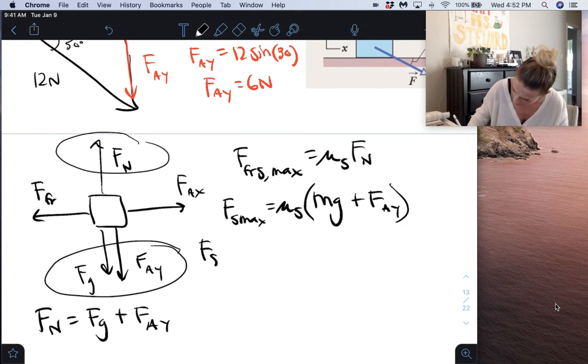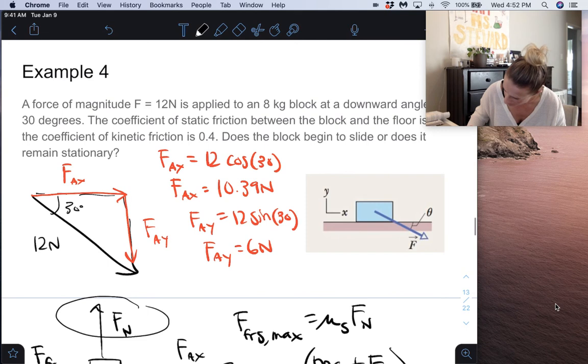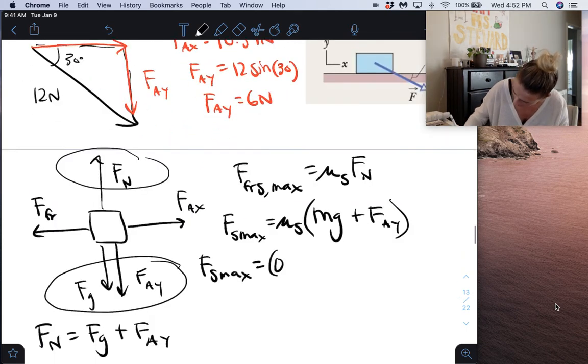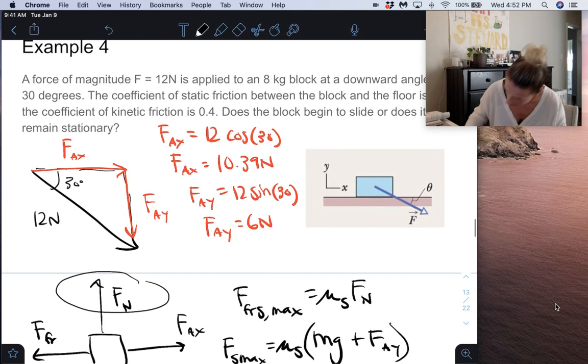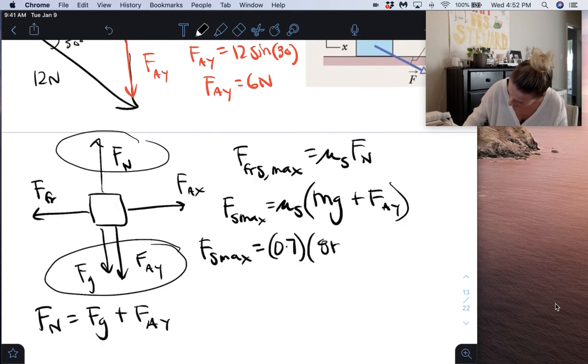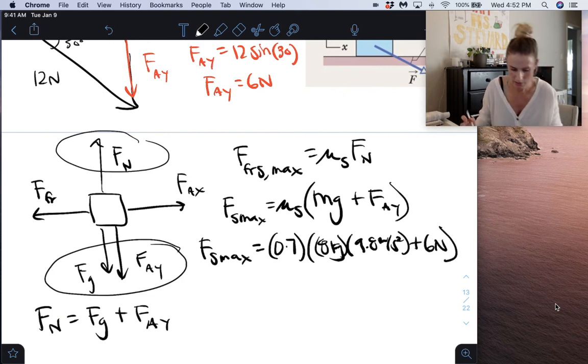So plugging our numbers in, we get mu static was 0.7 times the quantity mass, which was 8, times the acceleration of gravity, 9.8 meters per second squared, plus the force applied in the y direction, which was 6 newtons. And so we get 8 times 9.8 plus 6 times 0.7.